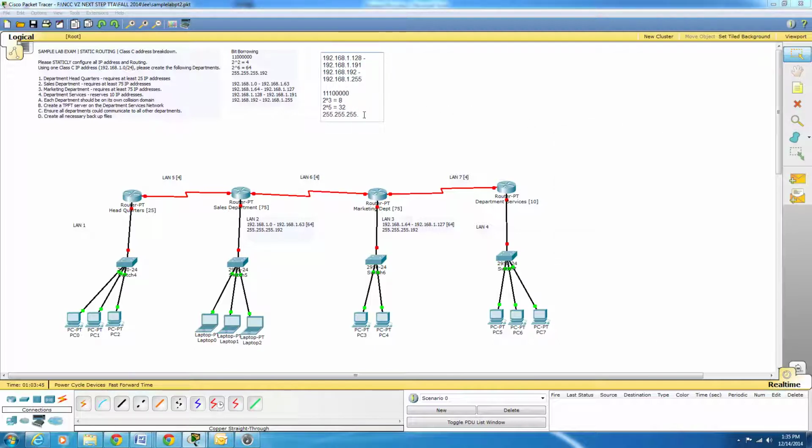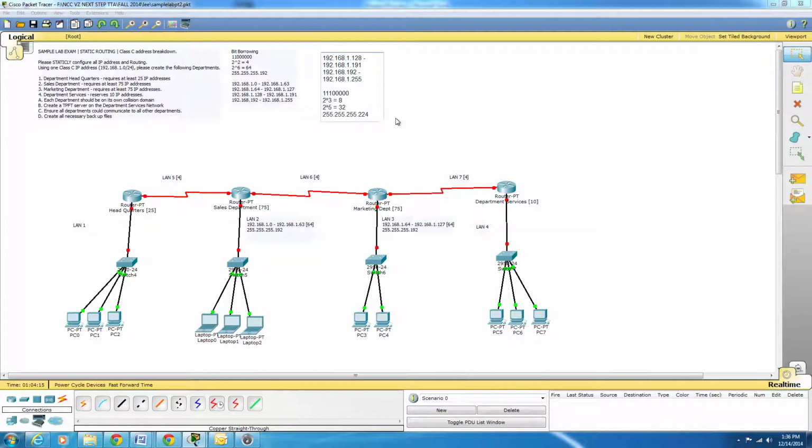So 255.255.255.224 would be the subnet mask. And what that gives you is 8 different blocks of 32 IP addresses. But since we are going to start with this block of 32, it starts at 128. So we're using the block that goes from 128 to 191.